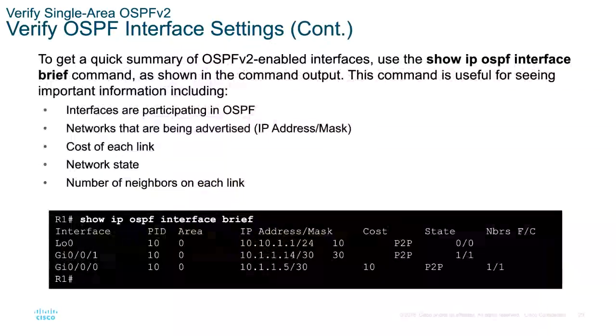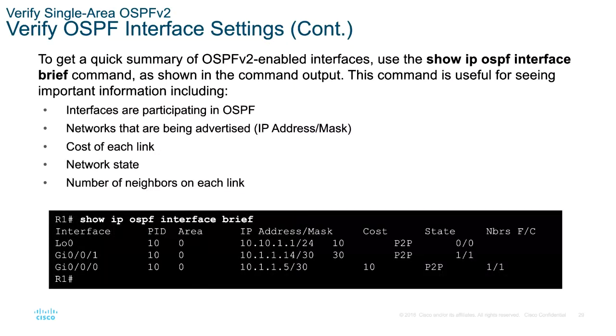So the show IP OSPF interface brief will tell you which interfaces are participating within the process. It'll tell you what the network address is that is being advertised, the cost of each link, whether it's point-to-point or broadcast, so the network state, and it'll also give you a count of the neighbours in each link.